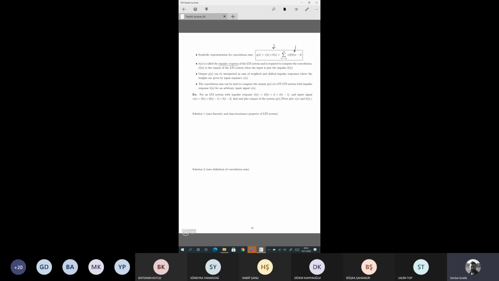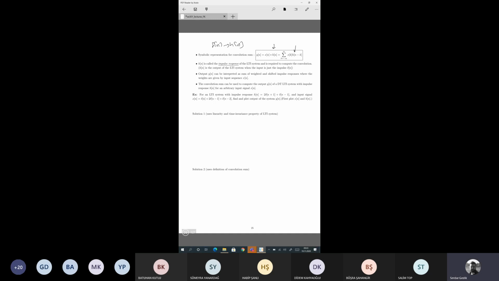In this expression, h of n is called the impulse response of this LTI system, and it is required to compute the convolution. Once more, if impulse of n is the input, h of n is the corresponding output.